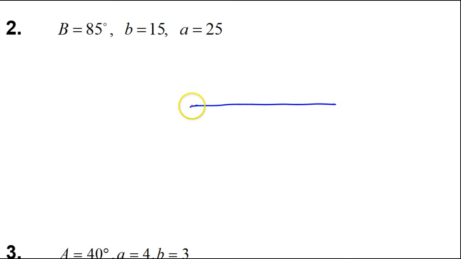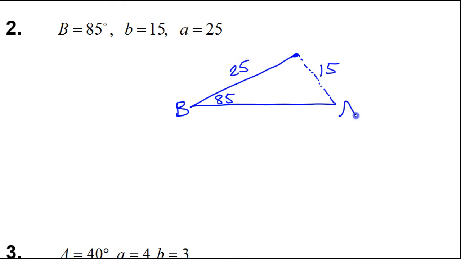I'm going to put my angle on the left-hand side with a hinge, and I'm going to put my swing side dotted right here. If this is angle B, then this is side B, so this will be 15. Put the other side as your rigid side, so I'll put the 25 here. Since this is side A, that means this must be angle A, therefore this must be angle C.